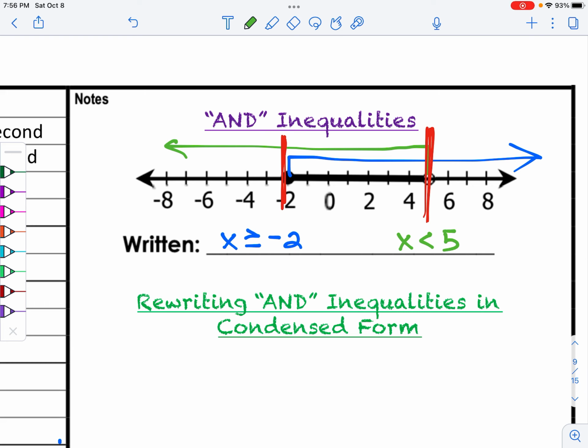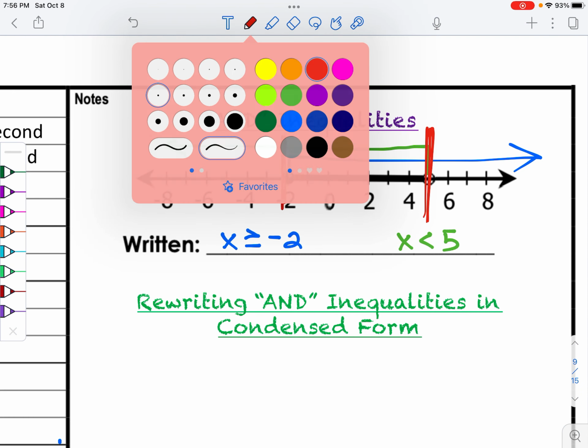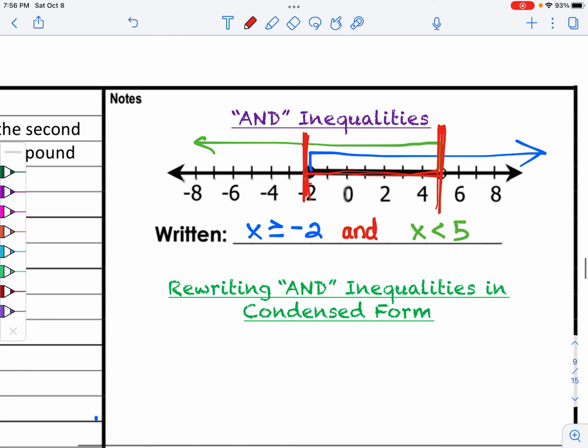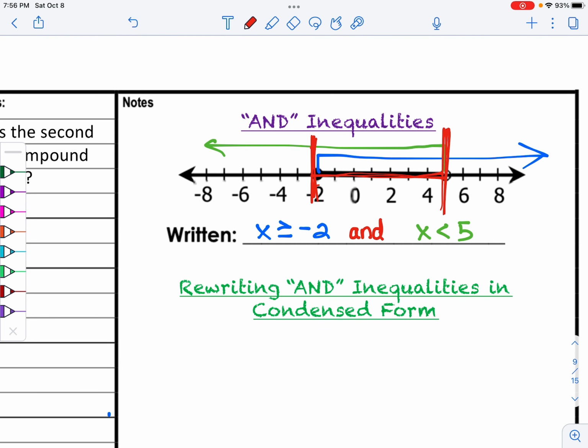Okay, and the key part is because it's the word and in between, it's where they overlap. So that's this section in here. Those are our two inequalities that are represented there.